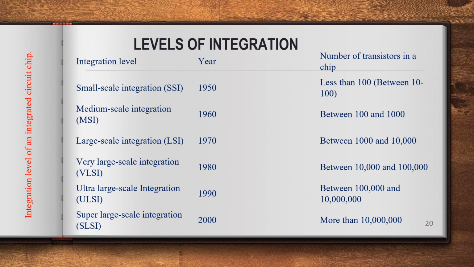ULSI, ultra large scale integration, was implemented in the 1990s. This technology uses more than a lakh and less than 10 lakh components. Super large scale integration, SLSI, was implemented in 2000, and more than 10 to the power of 7 components are used. Nowadays we are using giga scale integration, GSI, where more than 10 to the power of 9 components are integrated over a single chip. These are the various levels of integration.